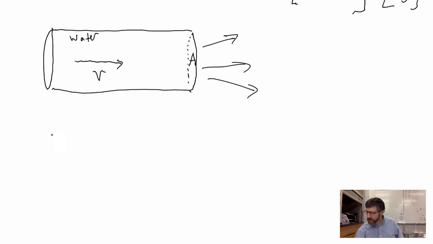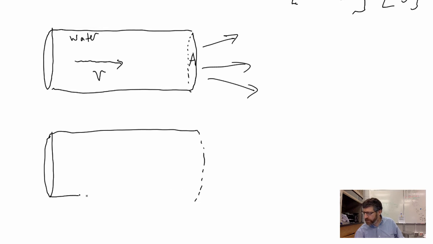But what if I asked a similar question and I had a similar situation right here, pretty much exactly the same. I've got the water moving at speed v, and I've also got a screen of area A, but what if the screen was not like this?